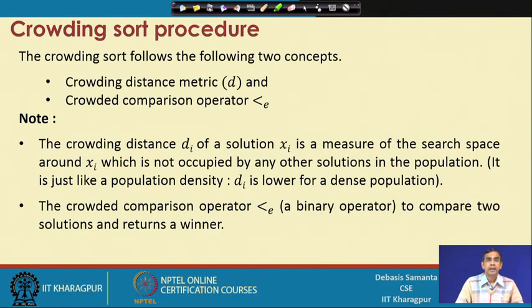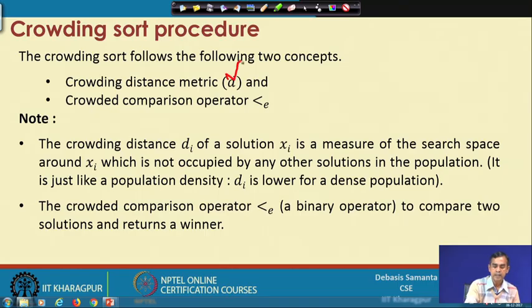The crowded tournament selection method is also called the crowding sort procedure. It considers two concepts. First is the measurement of crowding distance, and another is the crowding comparison operator. For every solution xi, how can the crowding distance be calculated?